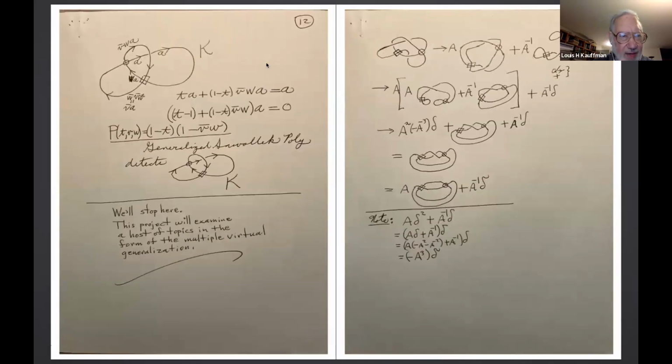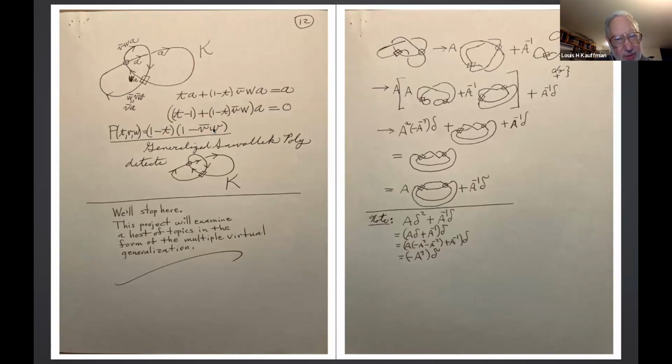So that's something that you can actually calculate. For example, here I'm doing the generalized Sawalik polynomial for my virtual trefoil, and I have two elements. I have a W for this, and I have a V, and I work it out, and I get a non-trivial polynomial as a result involving V and W.